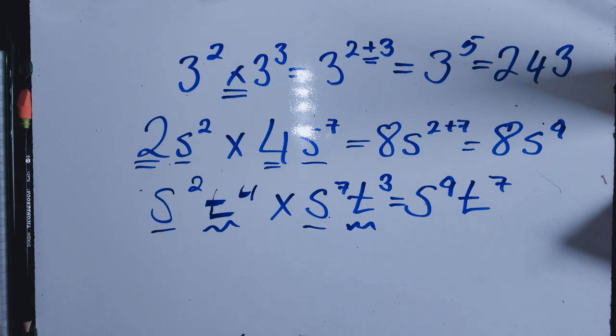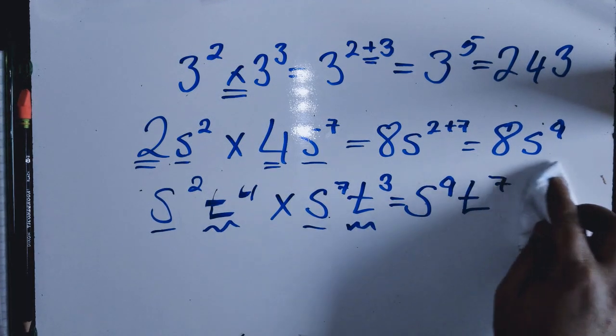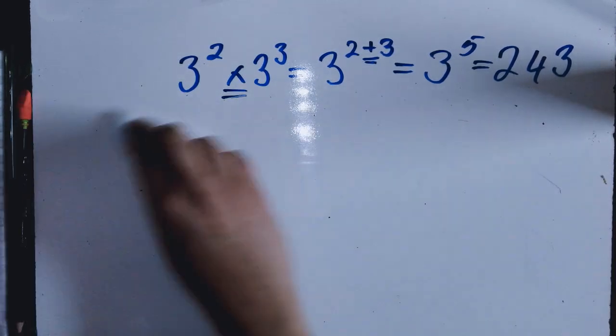And let's do more examples on dividing exponents. When you are dividing exponents, you subtract. When you are dividing exponential expressions with the same base, you subtract the exponents.